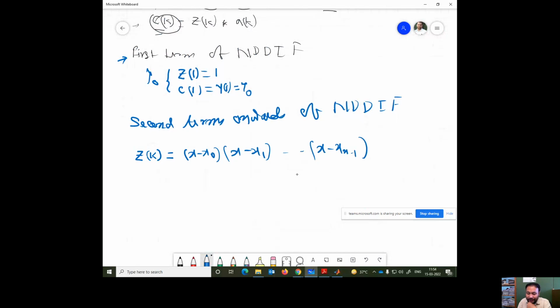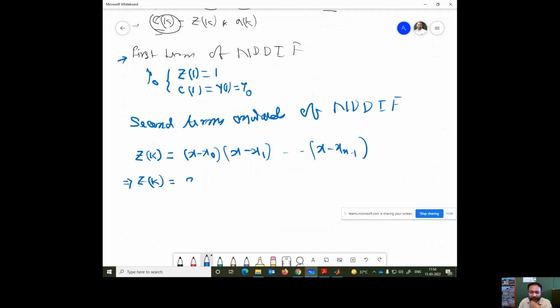Now, how can it be estimated? It is very important. Let us write this in the form of zk, where k represents the number of terms.